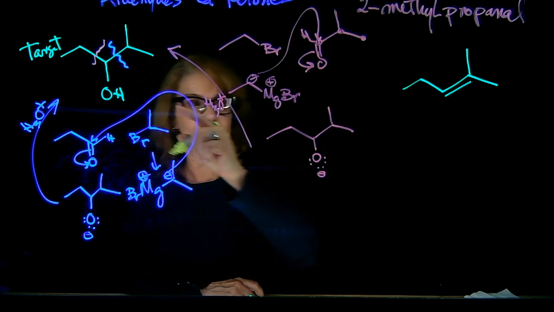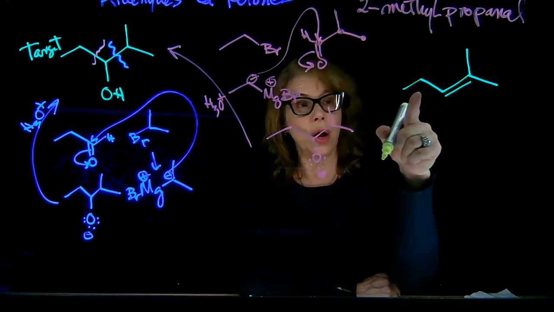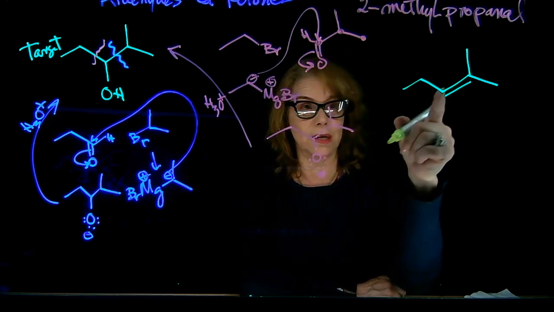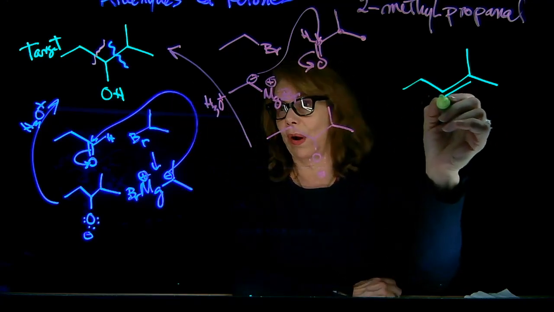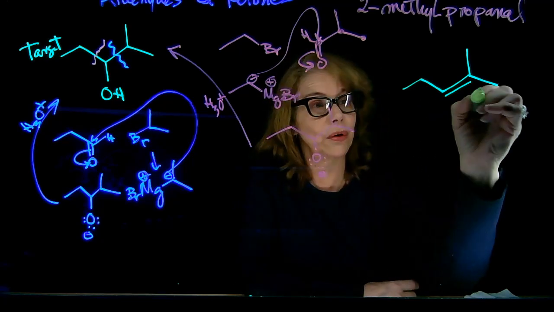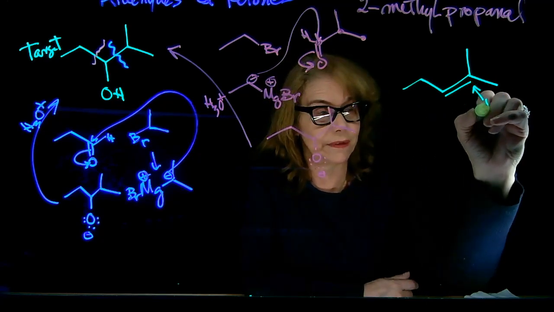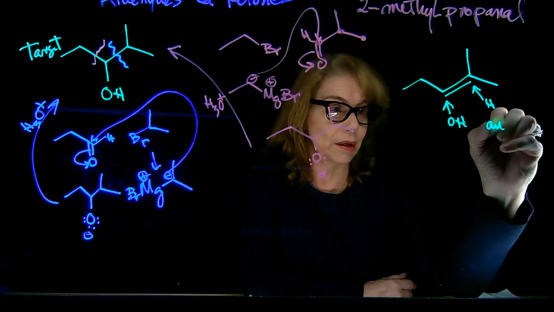And this time, what I'm thinking is that I start with that alkene. To go from this to my target, well, I will need to do a hydration reaction. And in what way? Well, I need to put the H here and the OH here. That is an anti-Markovnikov hydration.